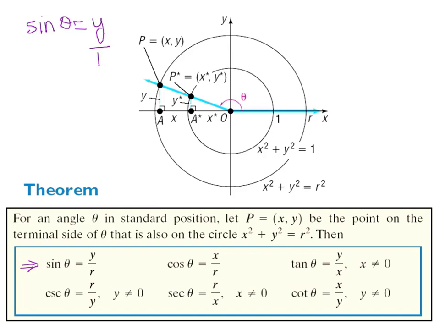size of the circle. So now if I have a triangle and I call this x and I call this y and I call this r, if r doesn't equal 1, then I could have a triangle where this is equal to 3, this is equal to 4, and this is equal to 5, right? 3, 4, 5 triangle. Now I can always make it be the same as on a unit circle by dividing everything by 5.